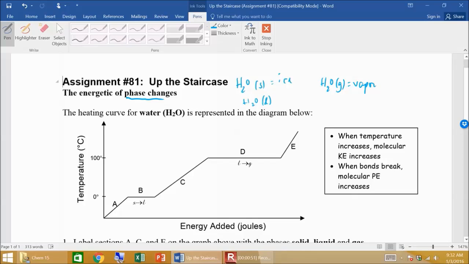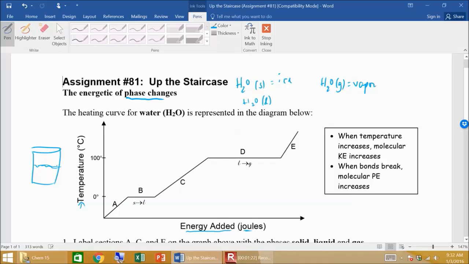The temperature has a large effect on which phase the H2O will be in. So this graph, you have to imagine, first look at the axes. There's energy added, joules, and then there's temperature over here. So let's imagine now you have a beaker of water. I recommend you draw this picture.